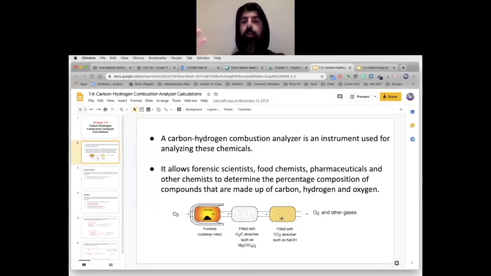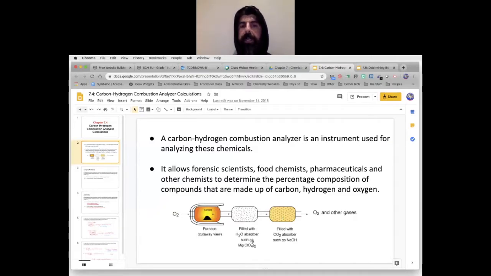So what we are collecting is water and carbon dioxide, and using these analyzers, we are trying to figure out the empirical formula of any hydrocarbon, any compound containing carbon and hydrogen.